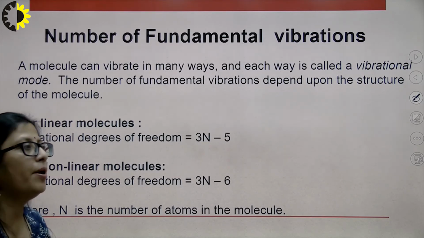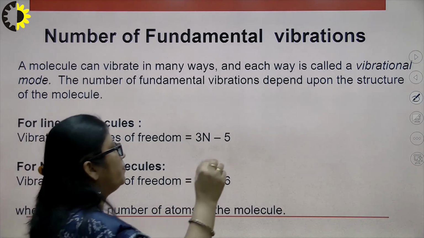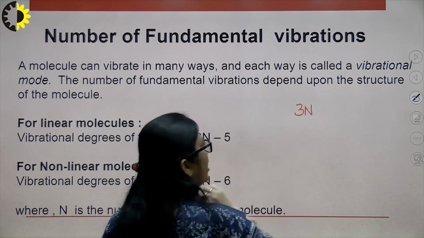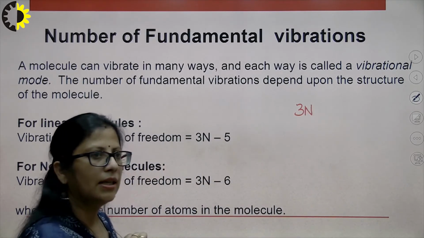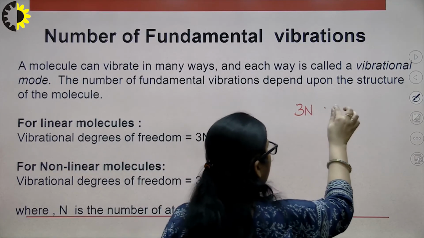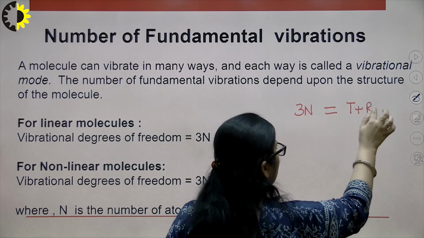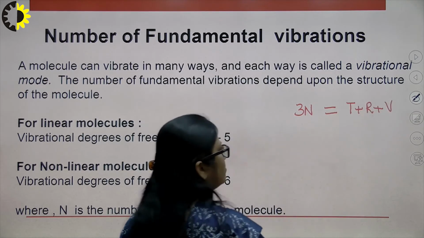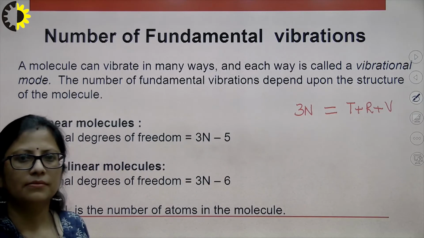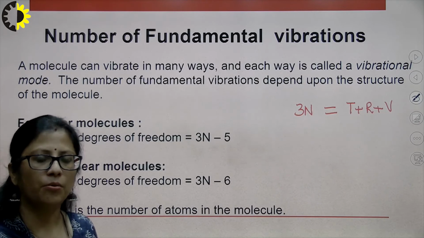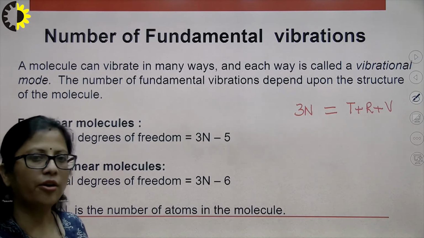The total number of vibrations which can take place in a molecule is 3n, and this 3n comprises translational, rotational and vibrational degrees of freedom.